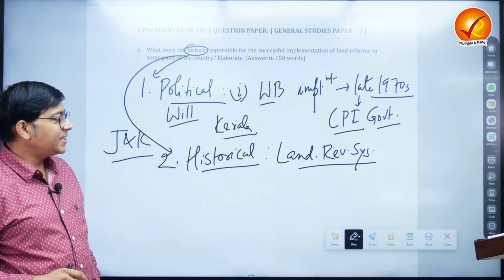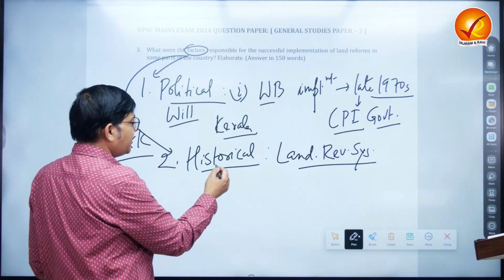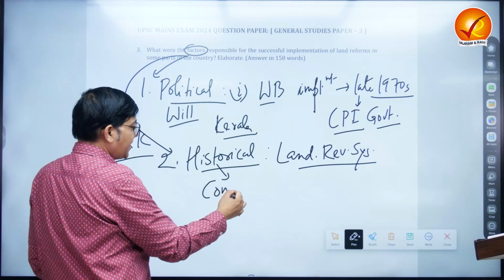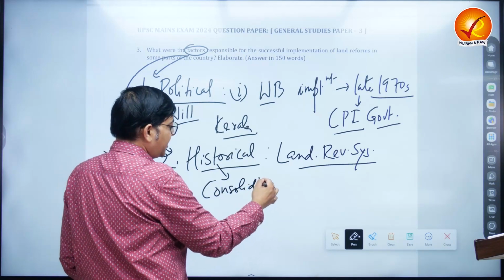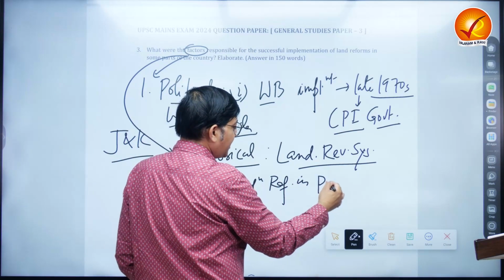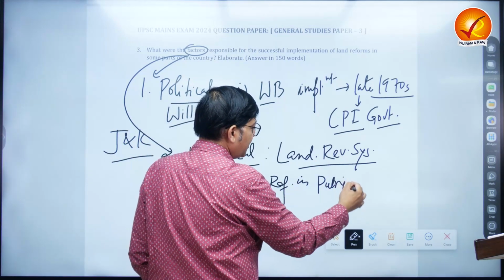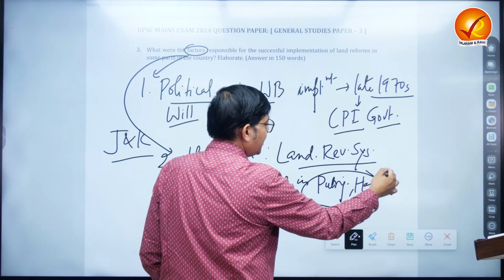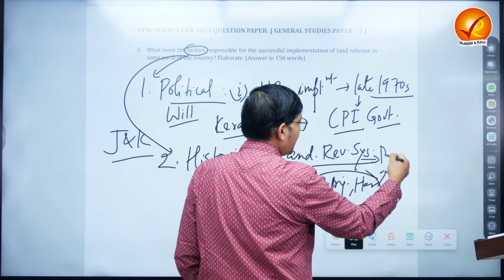I think the best example of the historical factor is the consolidation reform in Punjab and Haryana, in the sense that both Punjab and Haryana were having what we call the Mahalwari system.